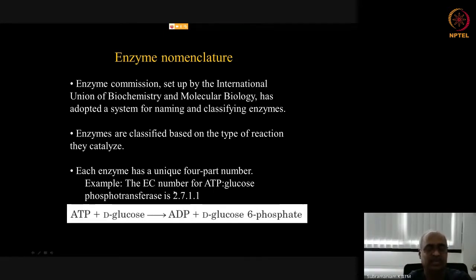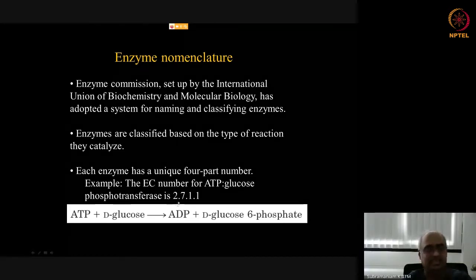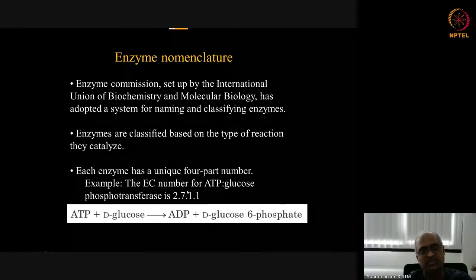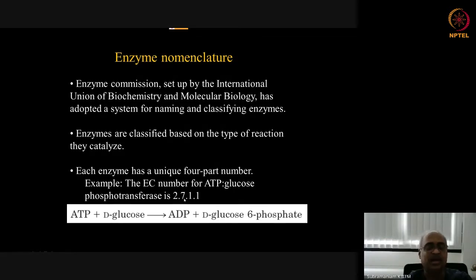So you have a primary group of 1, 2, 3, 4, 5, 6 groups, and within the 6 groups you have a subgroup. Like this 7 in 2.7. Under 2, this is the 7th subgroup, and in that you have a subgroup, and then a subgroup, but the 4th digit is not a group.